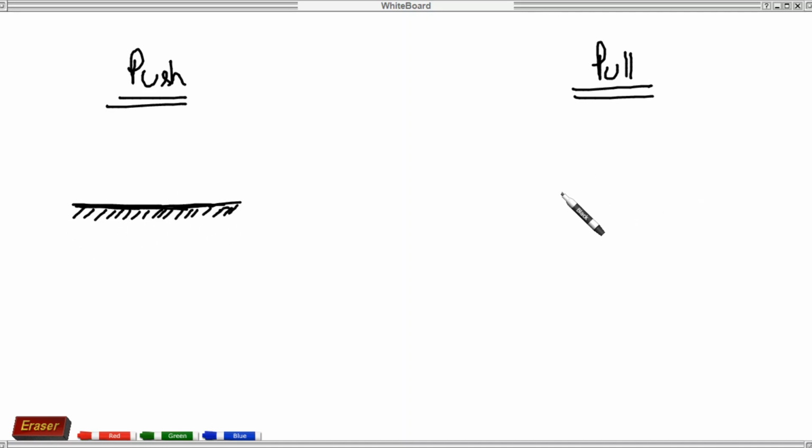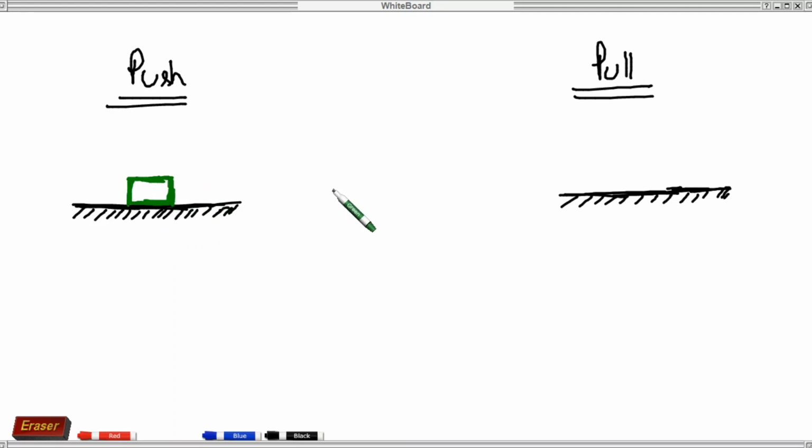Here also, this is your earth. Now a block of mass m is kept over it. Here also the block of mass m is kept over it.